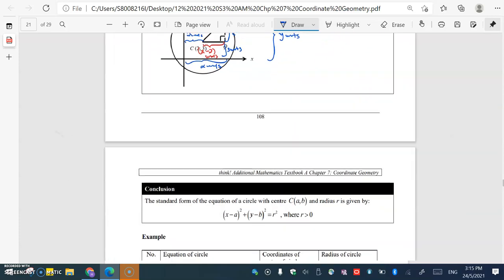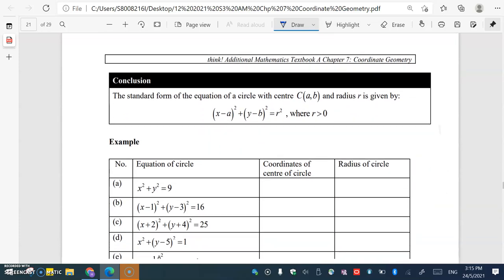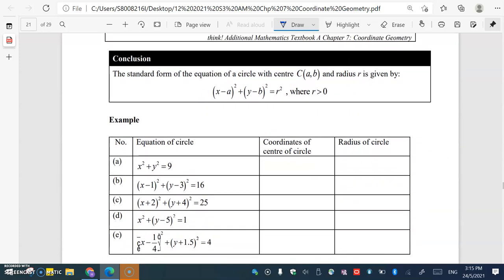As you can see in the next page, this is the generic formula of the equation of a circle in standard form. Once we have our center and also the r, we know that r square is given by x minus a squared plus y minus b squared.